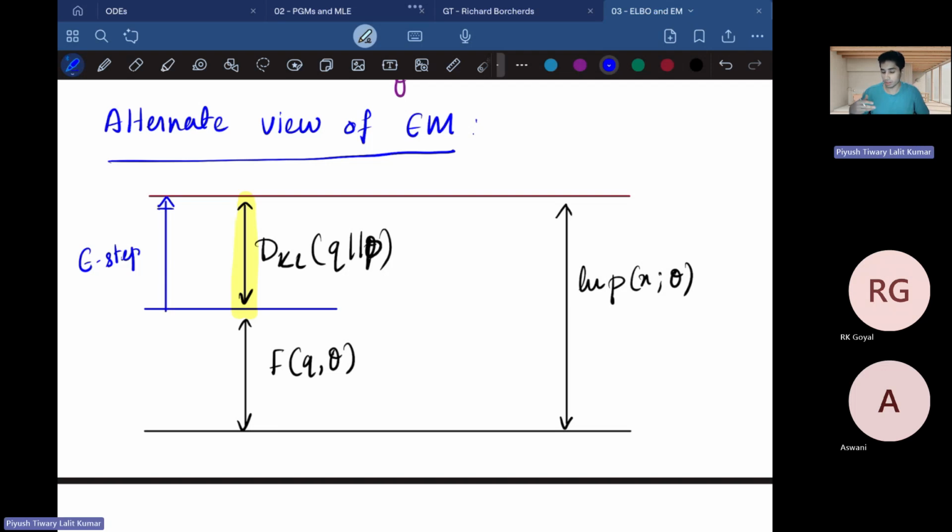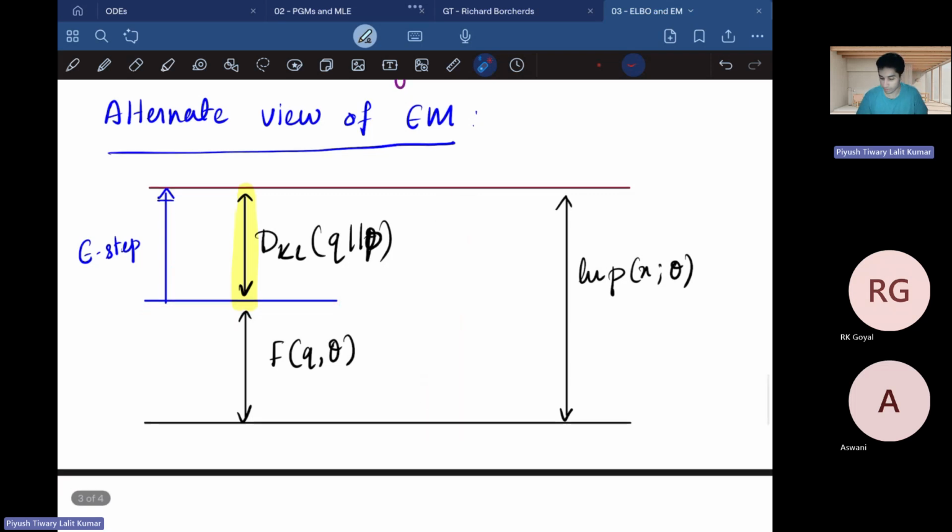If you want to think about it, you can think of it like this, that there is a log likelihood. Some part of it is your ELBO and some part of it is your KL divergence. The E step is simply maximizing your ELBO so that it becomes equal to your log likelihood. Okay. This is the E step.